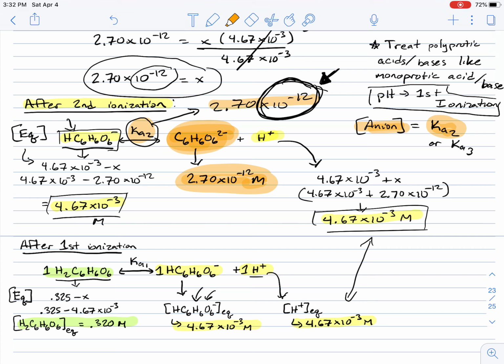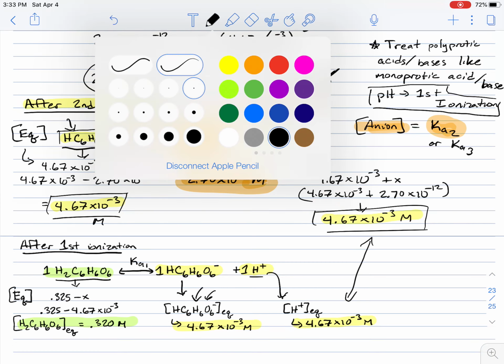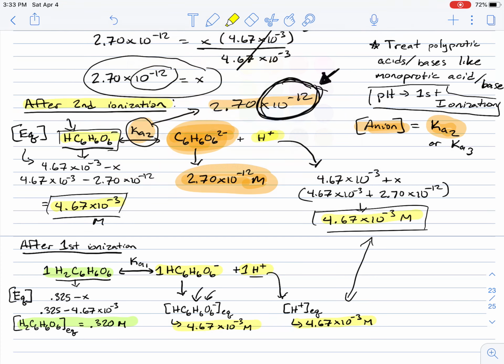So hopefully when you guys are performing these types of problems on your own, you guys can go ahead and just choose one path. You guys can do 2 ICE tables and you'll still get the same answer, or you can go ahead and follow these assumptions to determine, for example, the pH of the solution and the concentration of the anion.